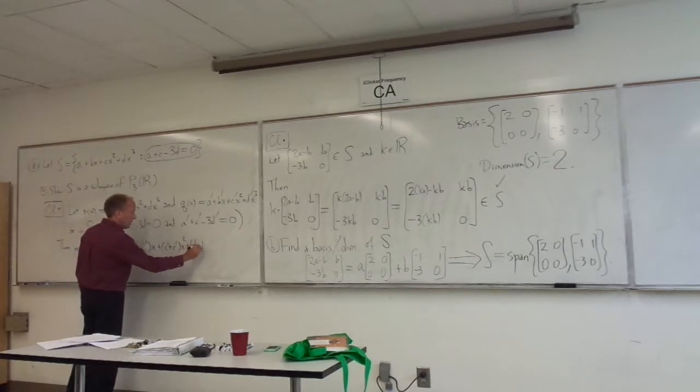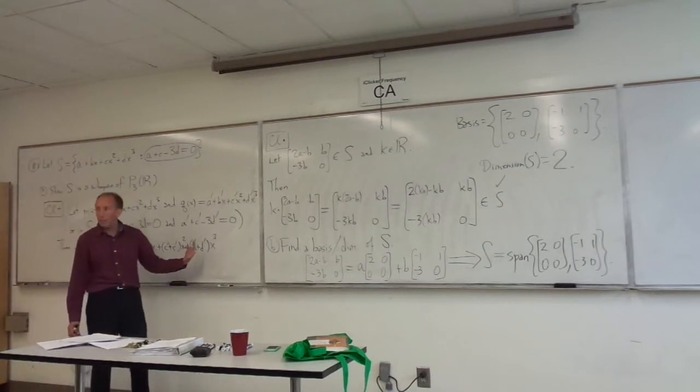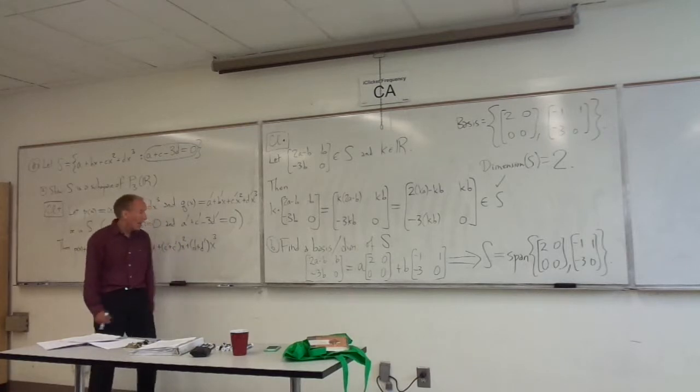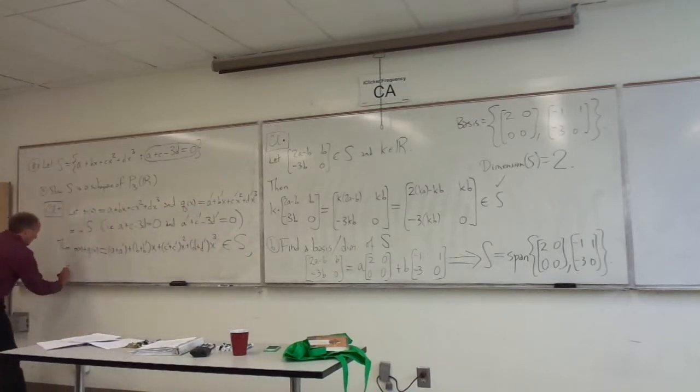And the x cubed term is d plus d prime times x cubed. So we can do that, and just be careful not to say element of S too fast. I'm going to say it right here, but I'm going to explain it down here. And this is a perfectly good way to do it.